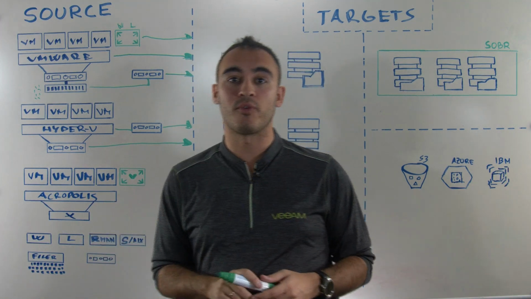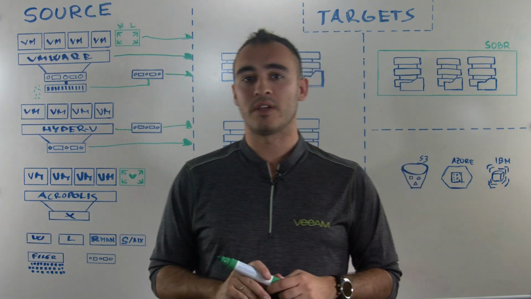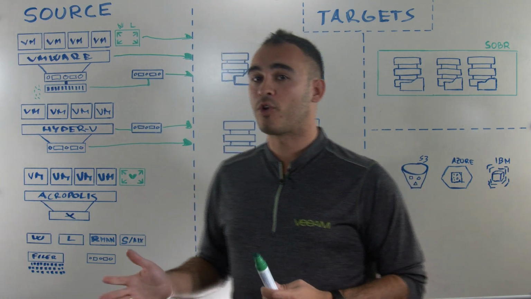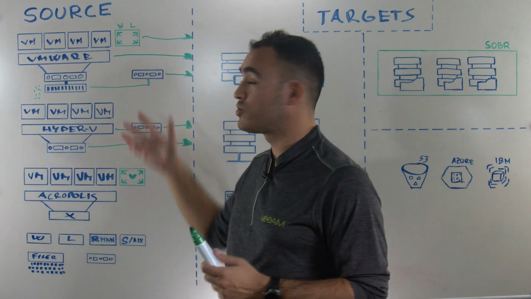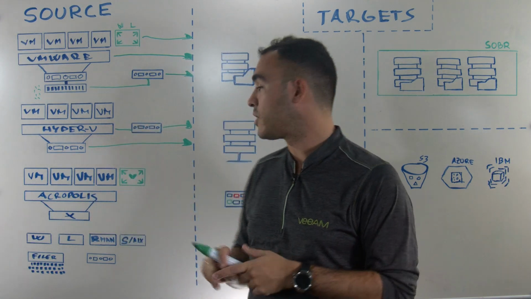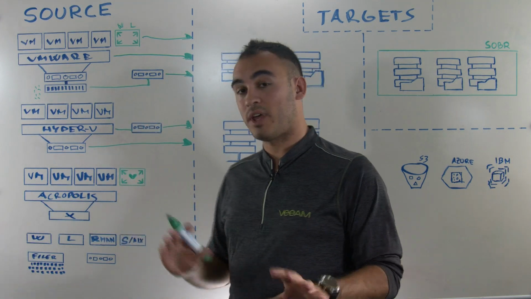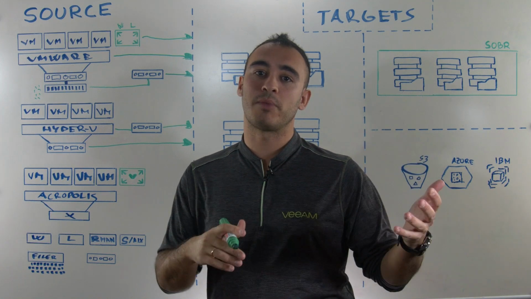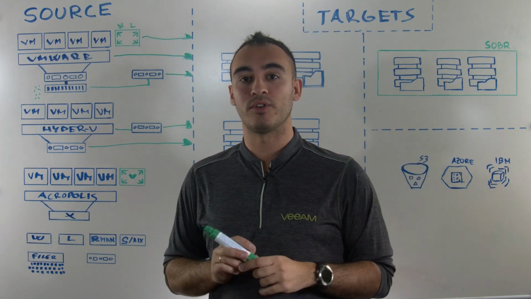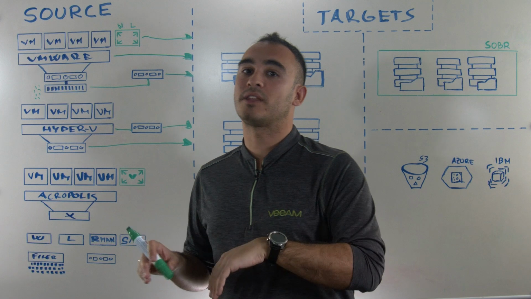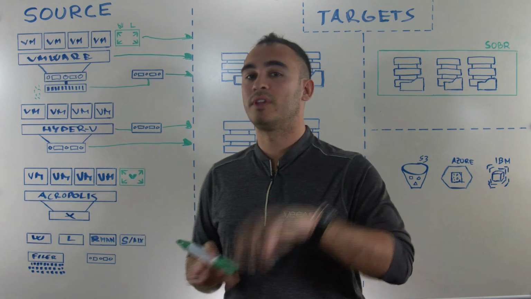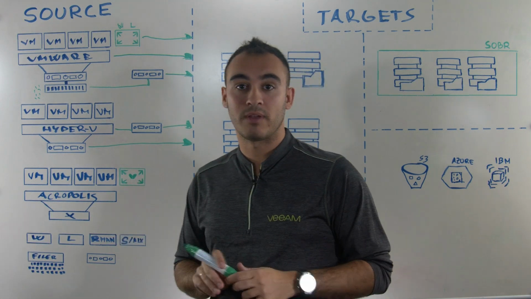We do have support for AHV, the Nutanix hypervisor. For Acropolis, we use another appliance that we deploy. Today, you need to deploy it manually on your AHV cluster, but starting in V10, you will be able to deploy this appliance directly from the VBR console.